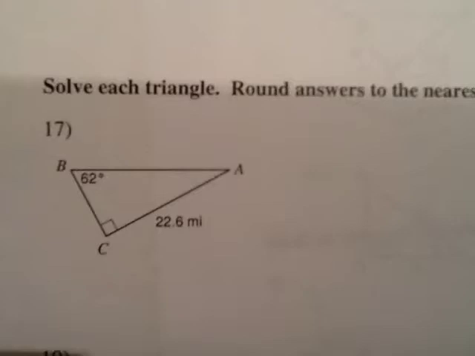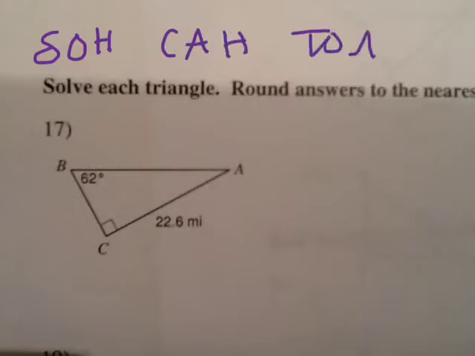Okay? Well, when we solve each triangle, let's just find one of our sides. Let's find our hypotenuse first. You probably don't have it written at the top of your paper. You should have written it from the other problems on the back, but we're going to rewrite it.